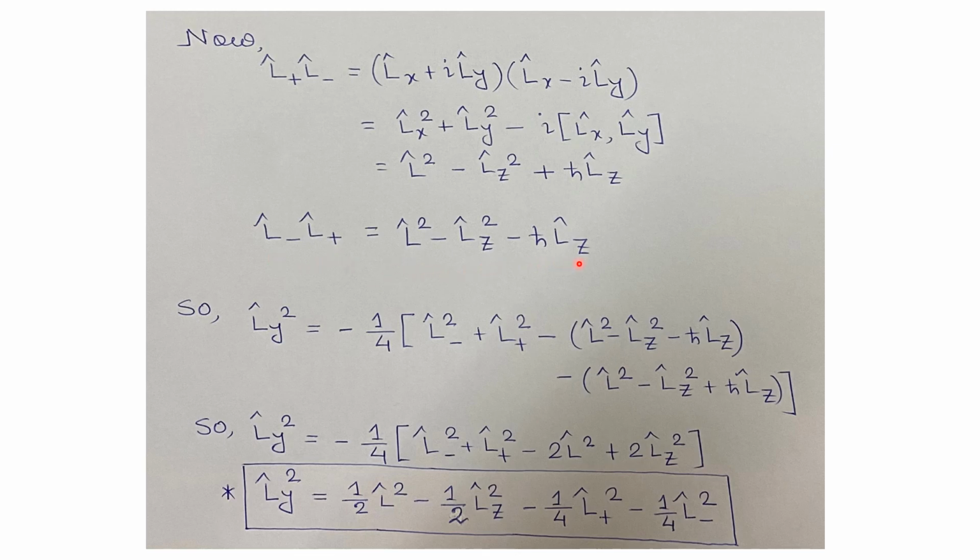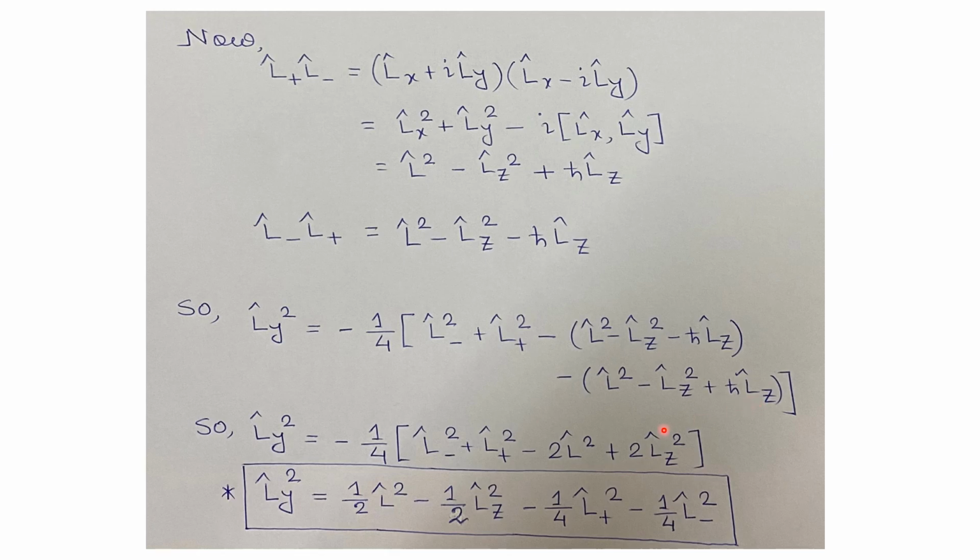So after putting this in the main expression of Ly squared, that is minus 1/4 times (L minus squared plus L plus squared minus this L minus L plus, that is L squared minus Lz squared minus h cut Lz, minus L plus L minus, that is L squared minus Lz squared plus h cut Lz).